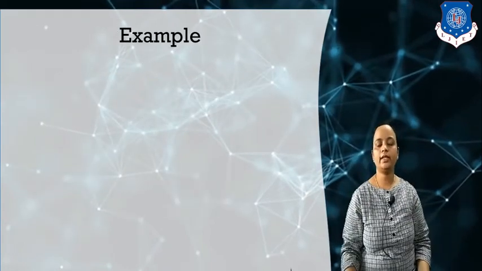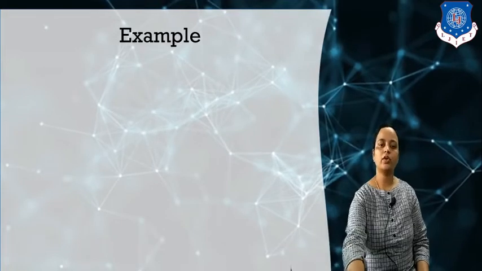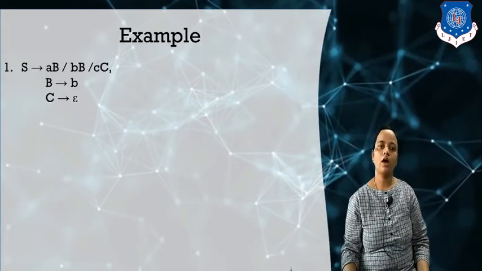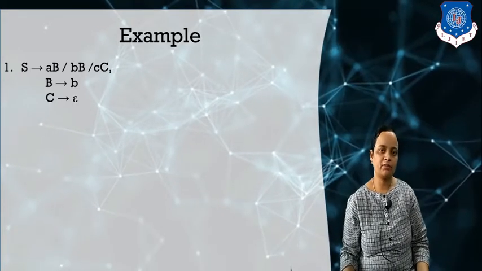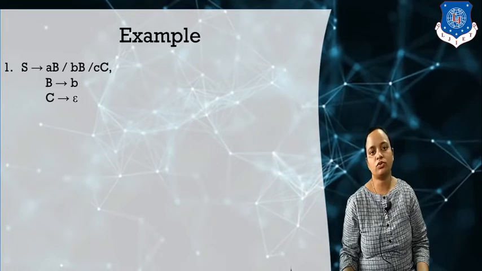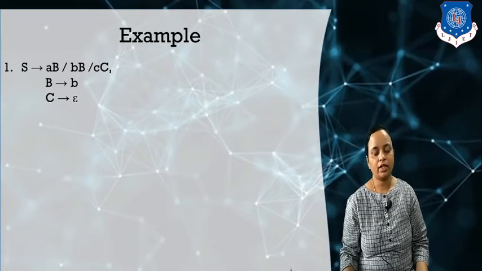Now let us understand this derivation tree concept by using an example. Here you can see one context-free grammar is given, and I want to generate the derivation tree. A derivation tree is normally used for representing a string which is derived from the given grammar.